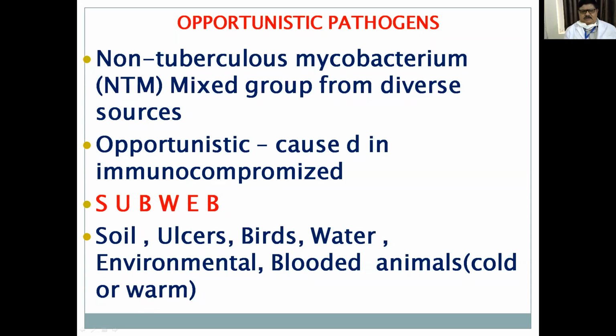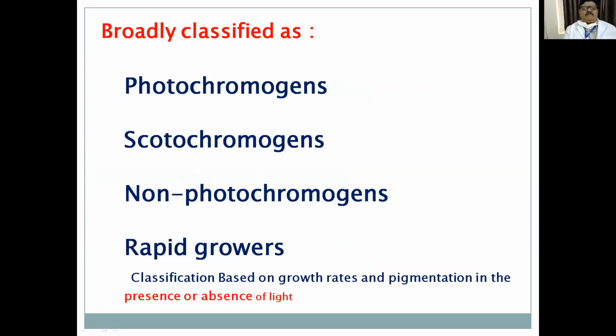So combine both: soil, water, animals, birds, environmental, either cold-blooded or warm-blooded animals. All these things, they can occur in the environment.